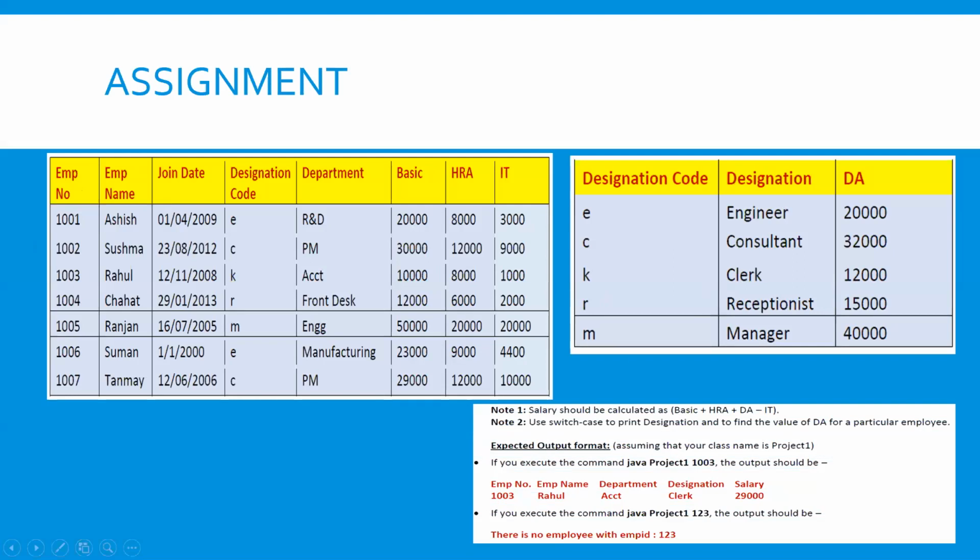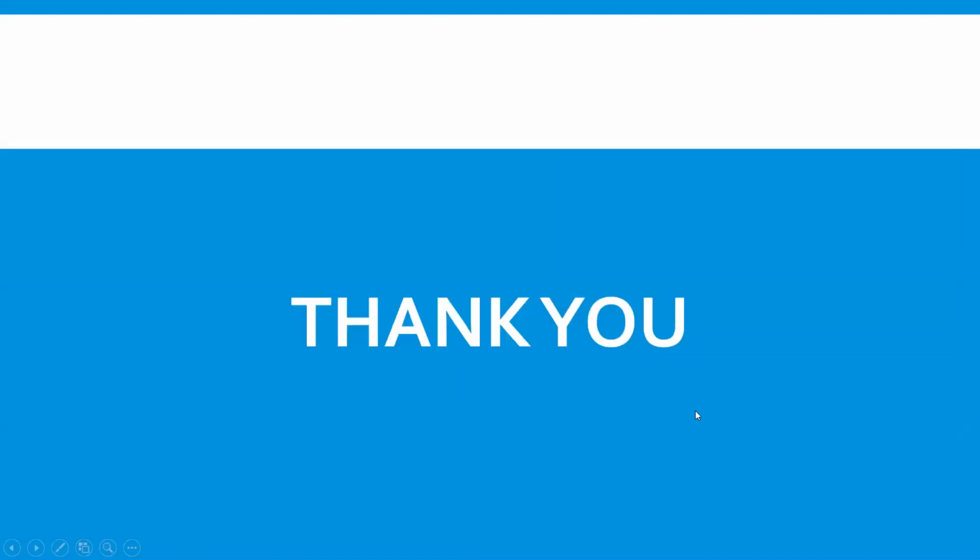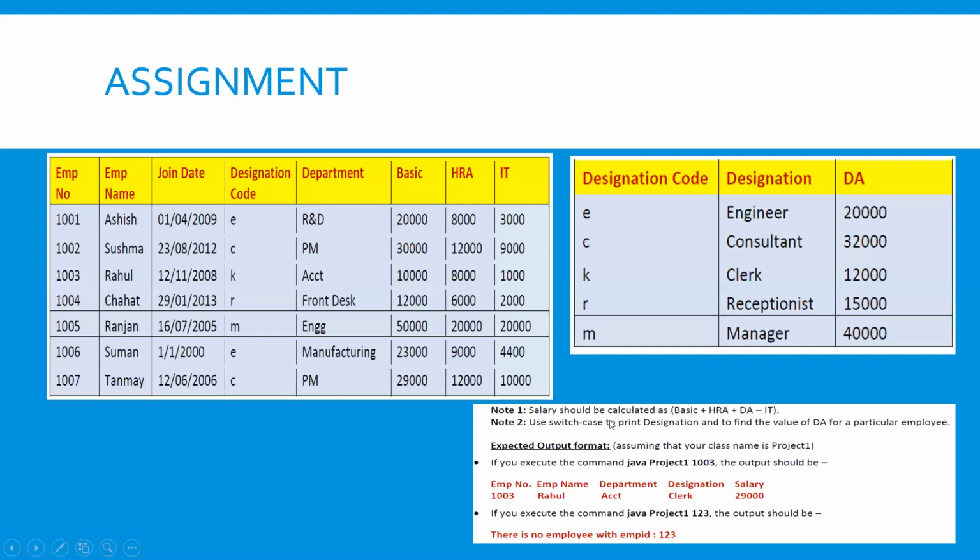Here I want to show this assignment question. I have done it, but you need to find the salary, which is another array, computed as basic plus HRA plus DA minus IT. We need to follow this condition. Next, by using switch case, we need to find each designation.